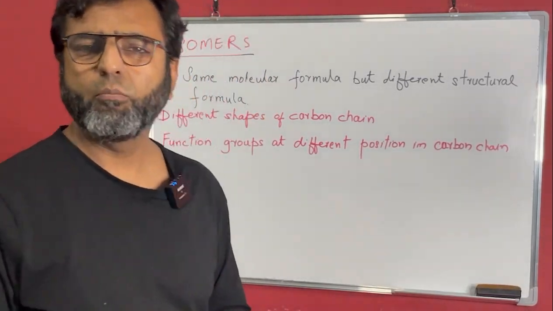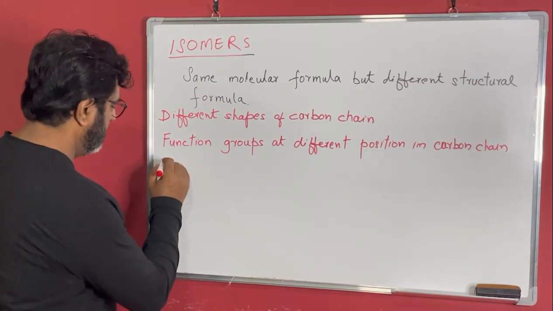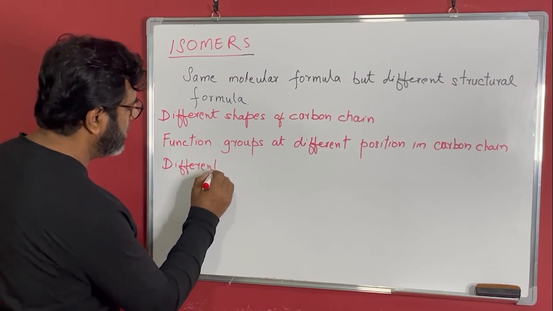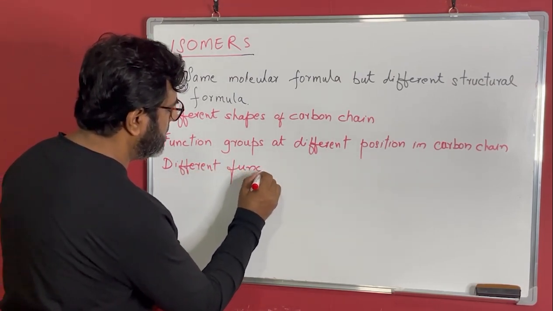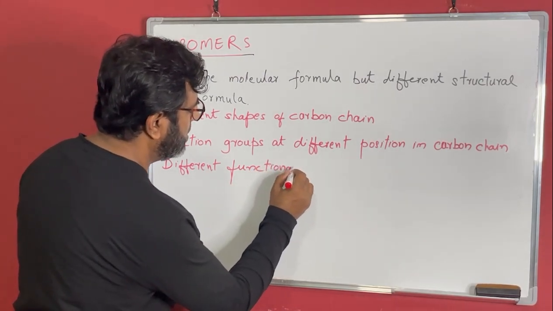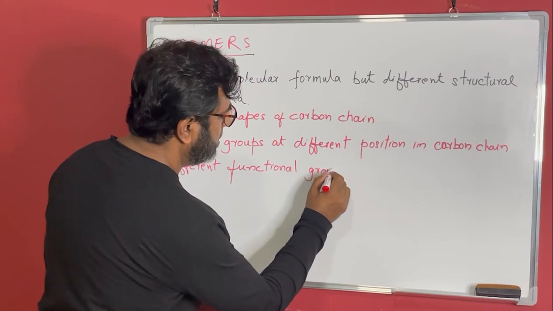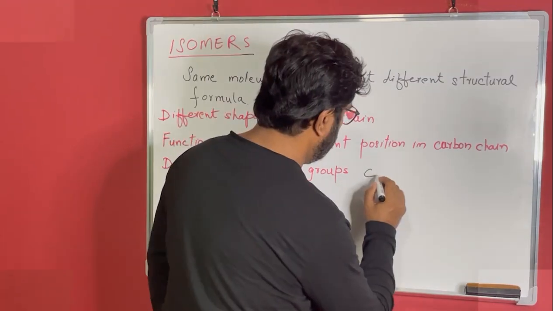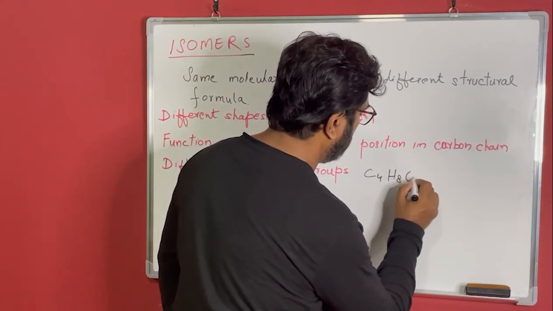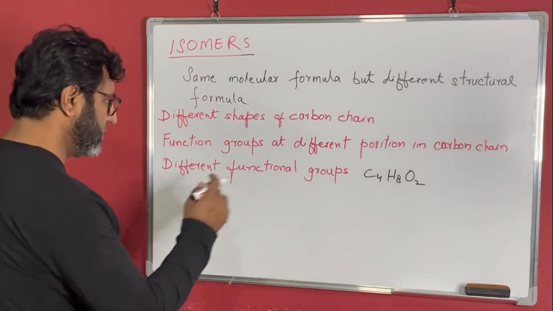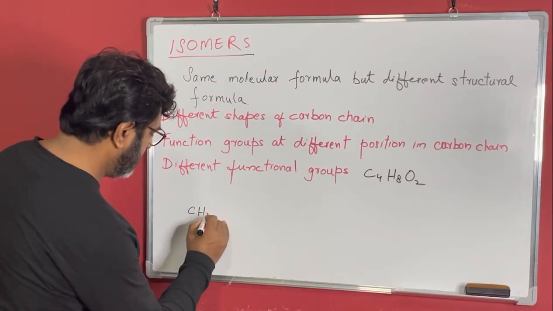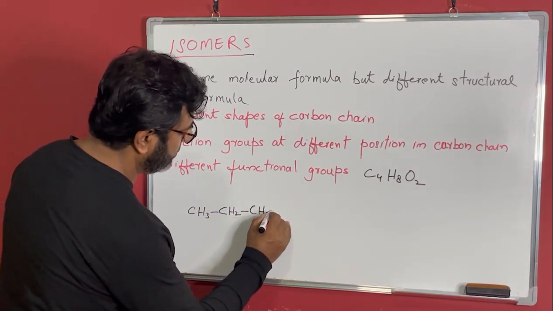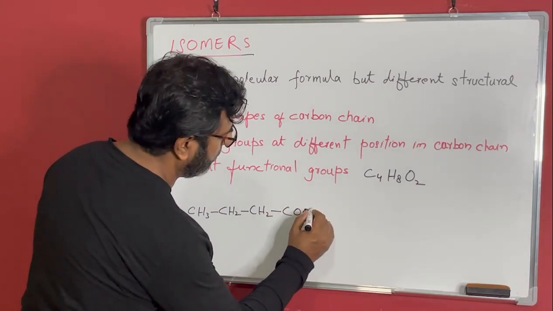So isomers can form another way also: different functional groups. Just take an example, C4H8O2. I can write this as CH3, CH2, CH2, COOH.